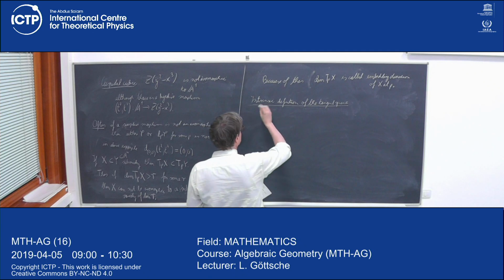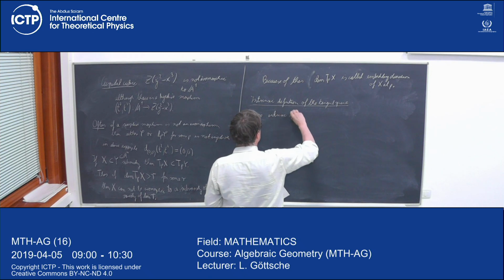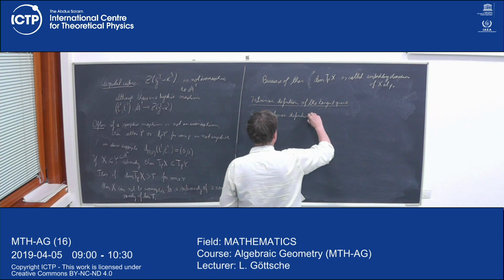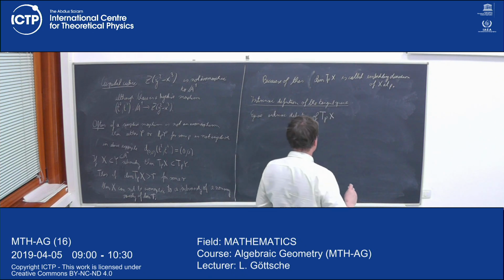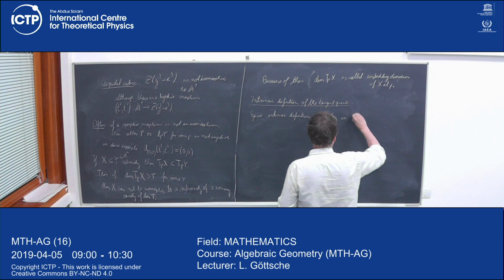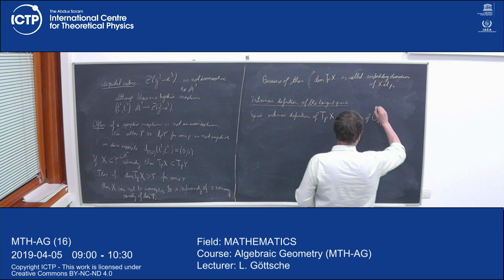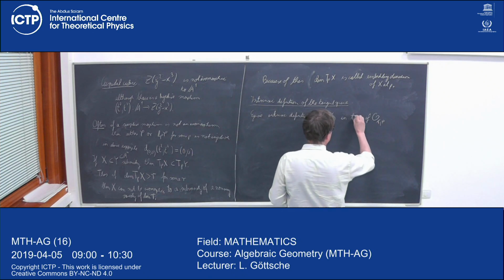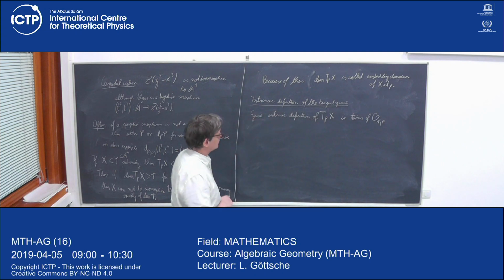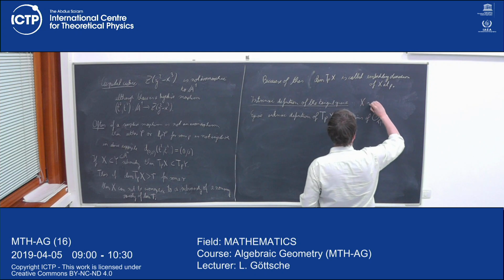So we give an intrinsic definition of the tangent space of X at P in terms of the local ring of X at P. So this also tells us that it only depends on, X is just a variety.